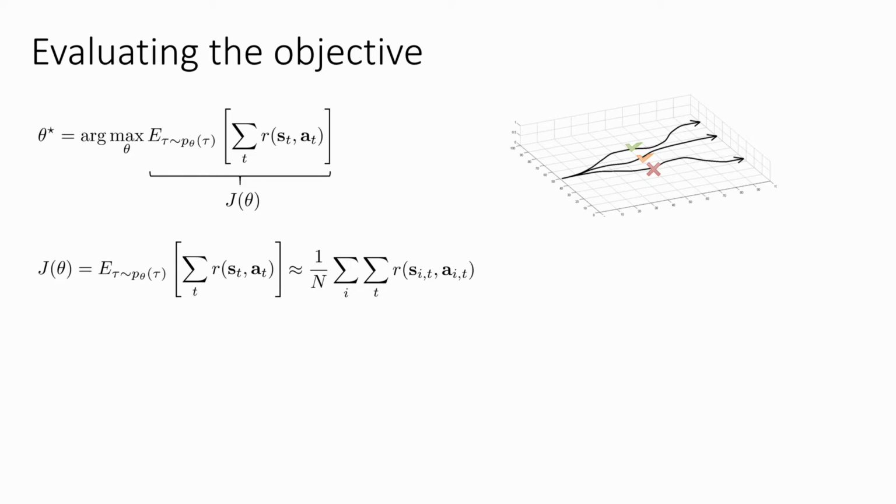Average those together, and that gives you an unbiased estimate of the expected reward of your policy. Yes? What's I again, the index? The subscript I indexes over the samples. So this sum over I is from I equals 1 to capital N. Okay, so that lets us evaluate the objective.